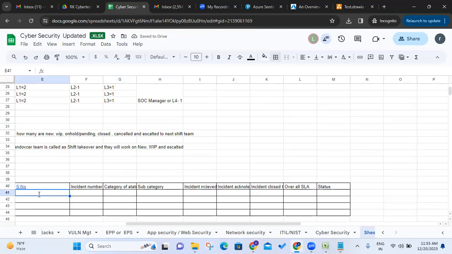For example, serial number 1, incident number is INC00001. Category of the attack is malware. Subcategory is virus detected.